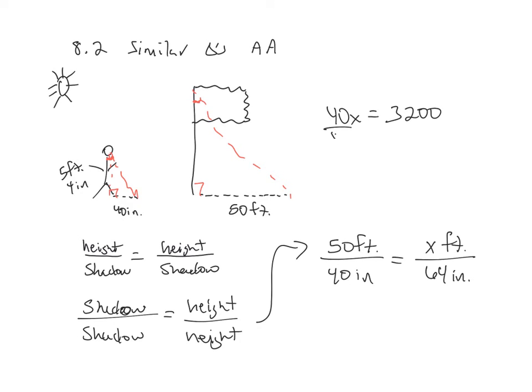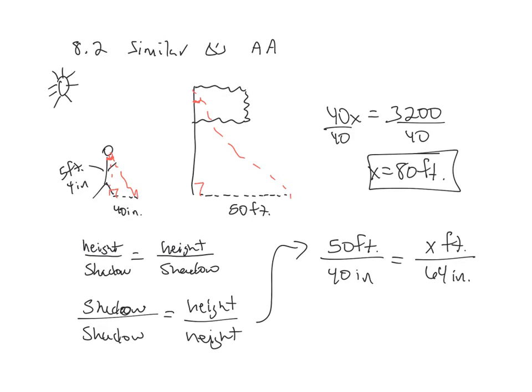And then when we divide by 40, you get 80 feet tall for the flagpole. Okay, so there's one way that you could use similar triangles. That example is in the book also, so if you wanted to read some more on it, you could.